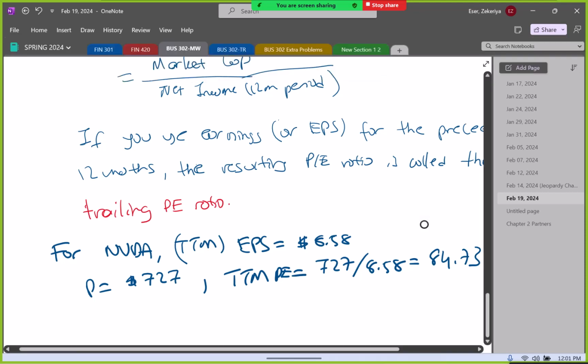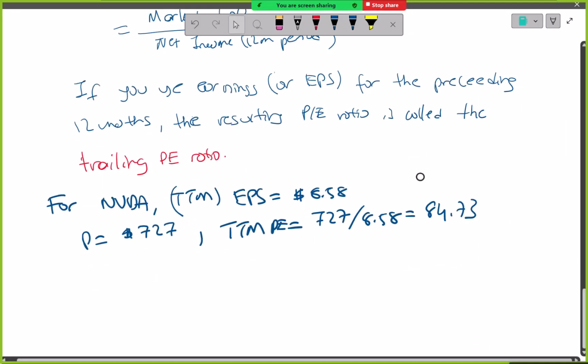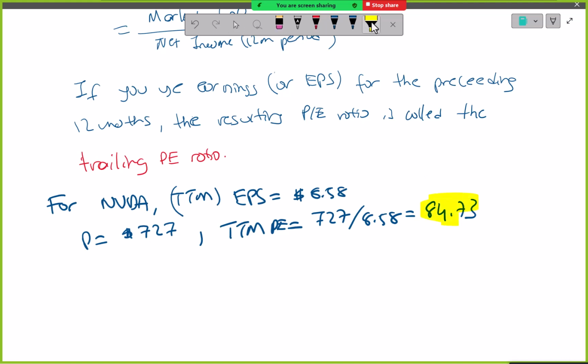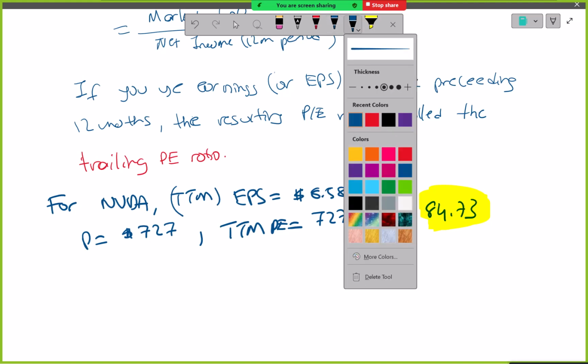I don't know if you know anything about standards for PEs. That number is humongous, because of kind of the interpretation of PE. Roughly speaking, here's how you should interpret PE.